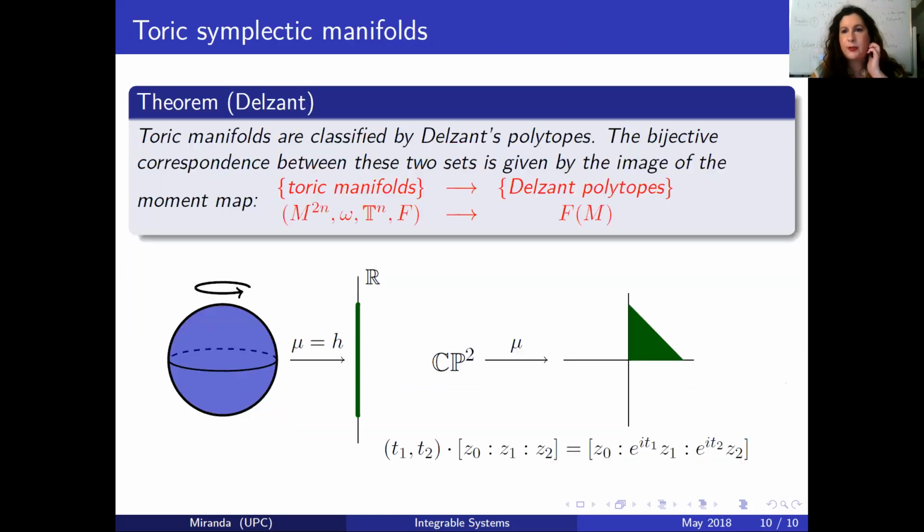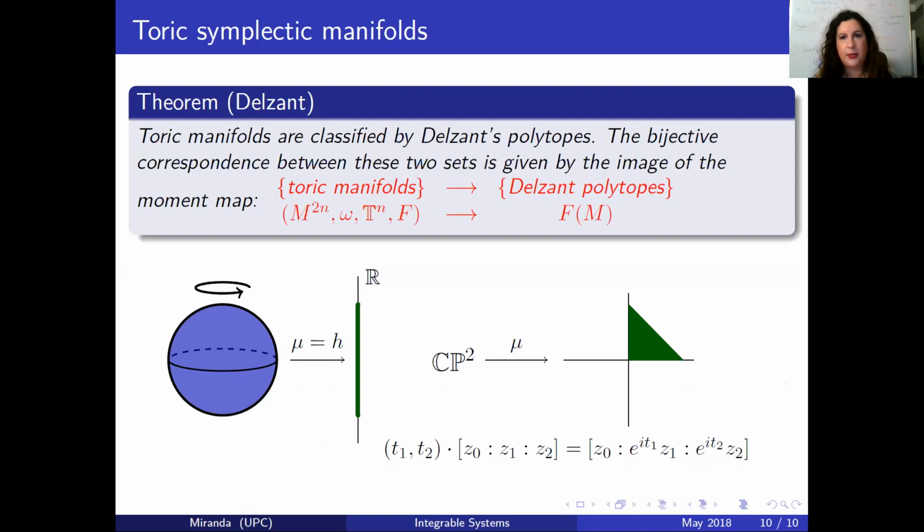But if you have a toric action, then the theorem I was talking about before, the theorem of Delzant, tells me that toric manifolds are just classified by the image of the moment map. And the image of the moment map is a polytope that has some interesting conditions among the edges and among the angle between the normals and so on. It has some constraints.